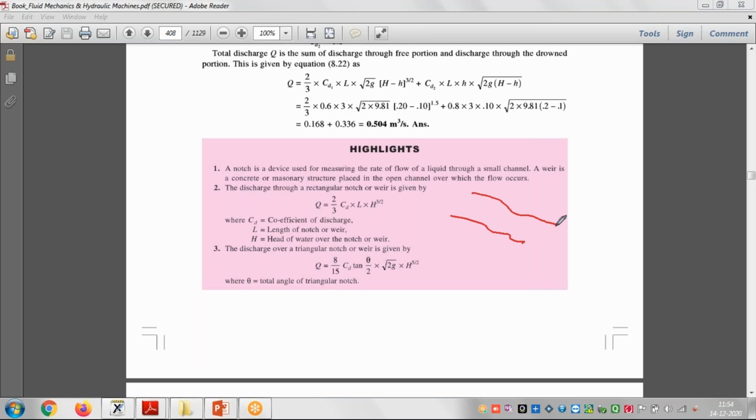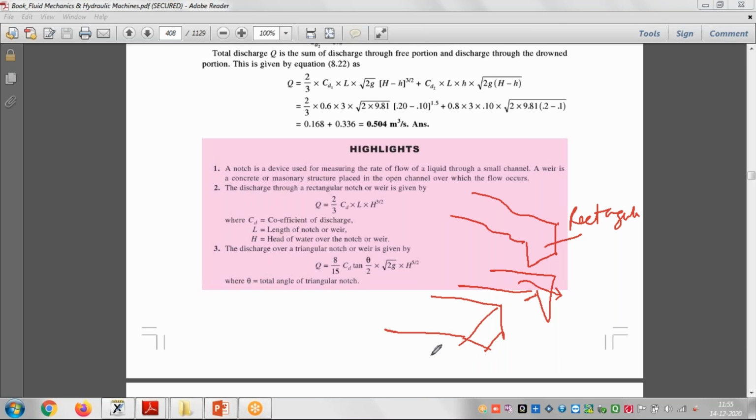This artificial channel may be rectangular, right? That may be a V-shaped channel, where water is flowing through. That may be a trapezoidal shape, and through this trapezoidal shape, water is flowing, right?